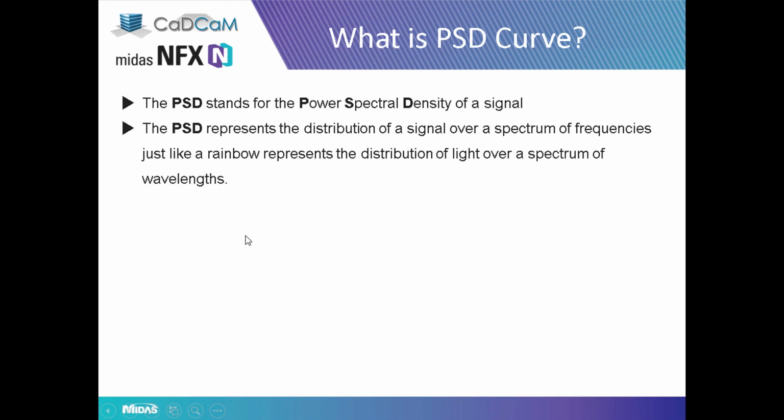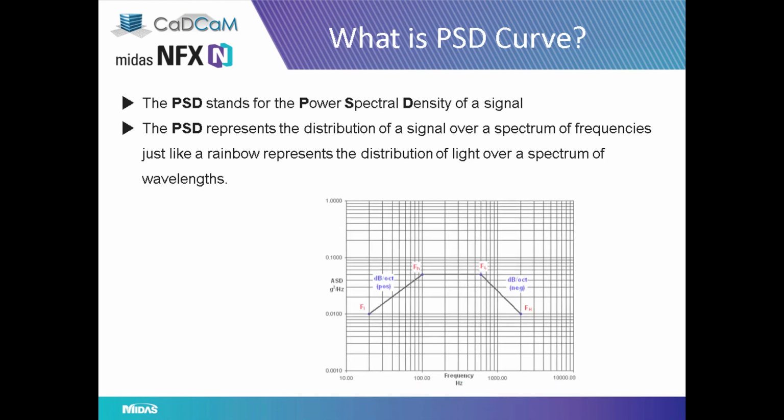What is a PSD curve? A PSD curve is the load curve that we apply to the system for a random vibration analysis response. PSD stands for power spectral density of the signal. The PSD presents the distribution of the signal over the spectrum of frequency, exactly like the rainbow that presents the distribution of light over a spectrum of wavelengths.